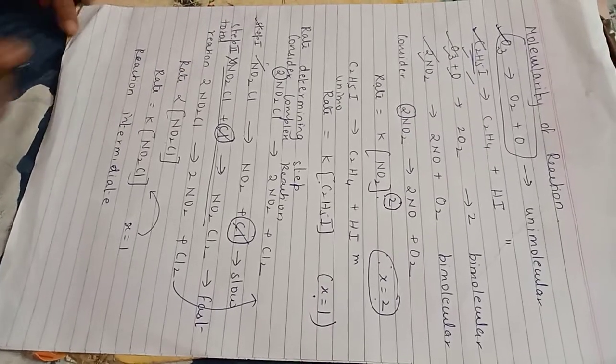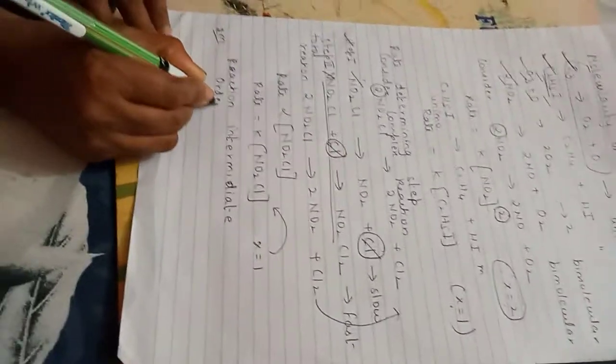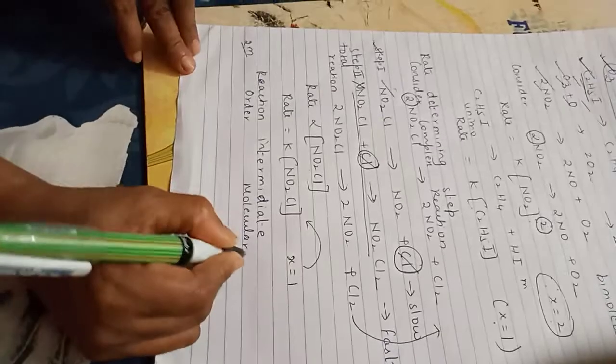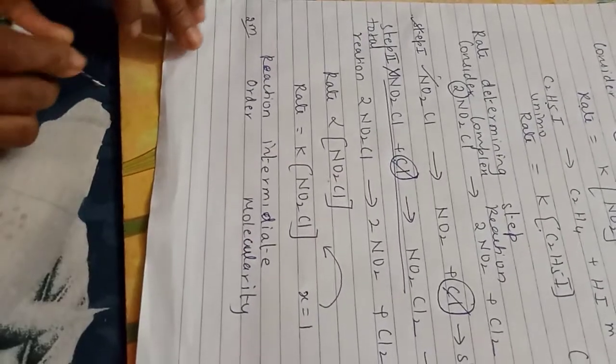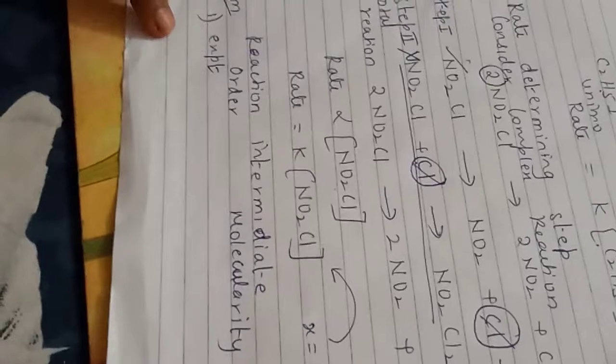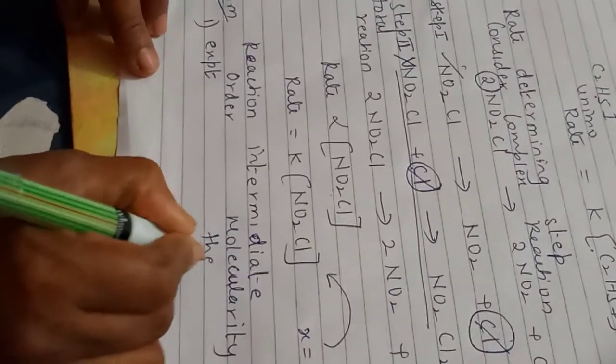That's it. Students, in your exams, there is a simple 2 marks question which asks the difference between order and molecularity. Order of the reaction is determined only experimentally. Molecularity is a theoretical value.